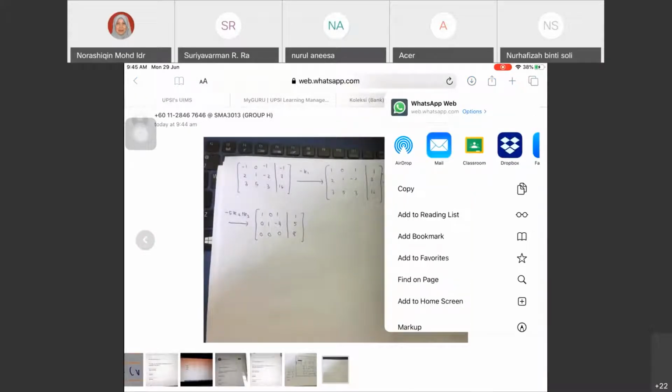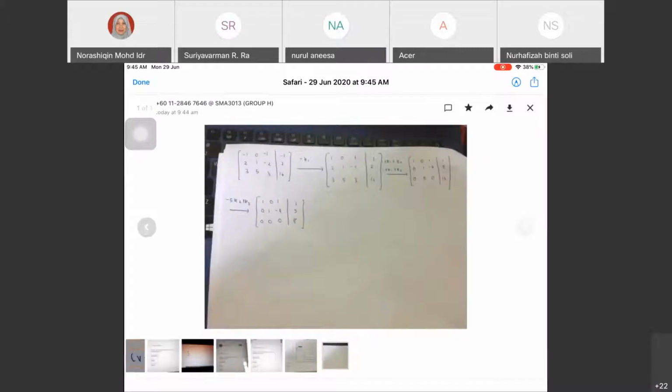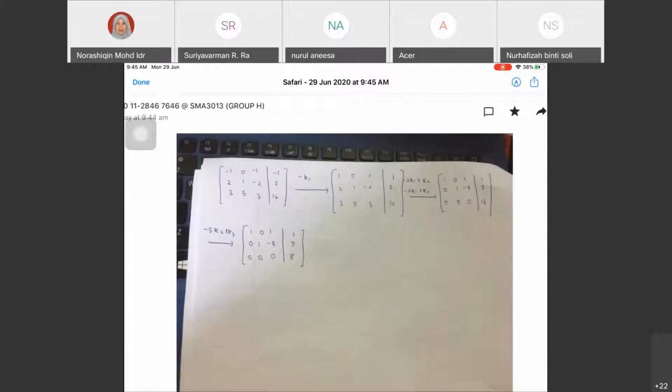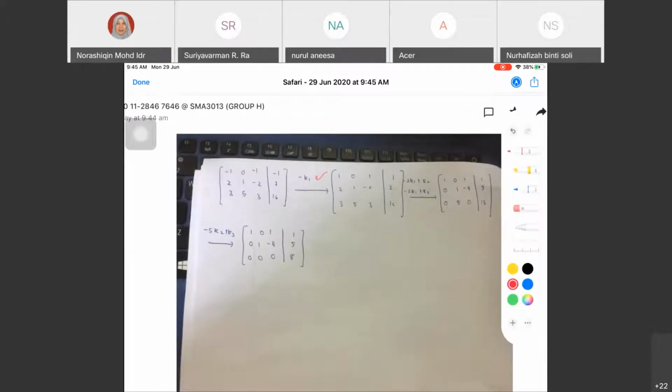Okay, cuba kita tengok ni. Okay, negative R. Okay, fine. So, kita dapat 1, 0, 1, 1. Okay, yang lain. So, yang ni you buat negative 2R1 plus R2. Okay. 0, 1, 2, negative 2, negative 4. Okay. And then negative 3 R1 plus R3.